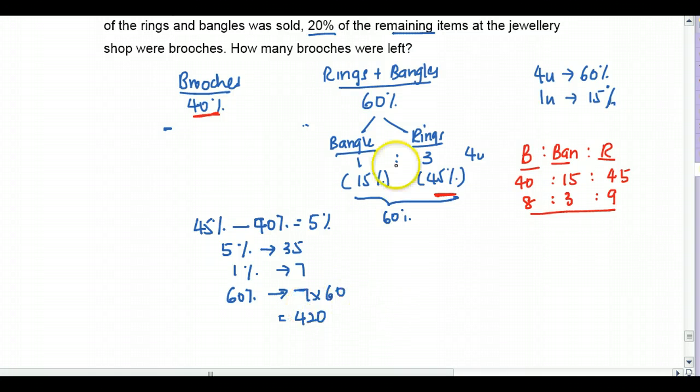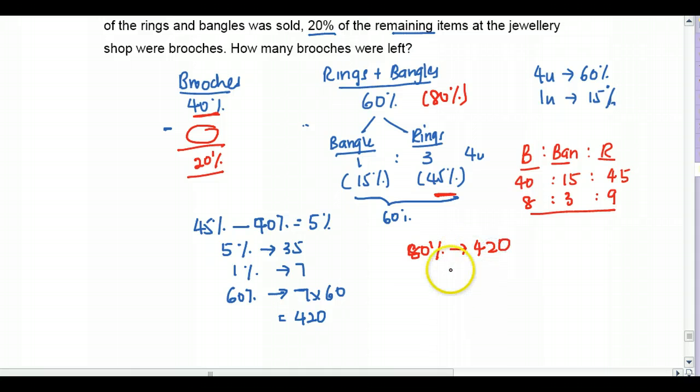Okay, so this 420, if after I sold, this one became 20%. The rings became 80%, right? So 420, your 80% is my 420.